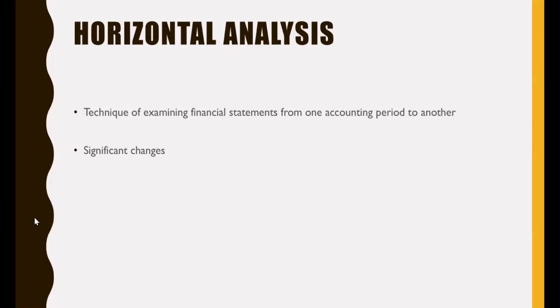So probably kaya nagkaroon ng significant decline, it's because of the pandemic. Okay? It may also identify unusual relationships between data, such as a material error in the financial statements that may be existing.